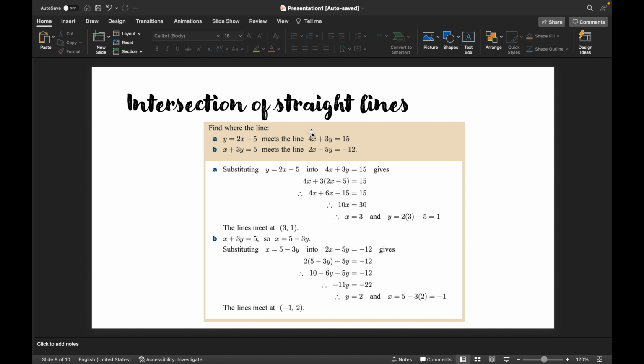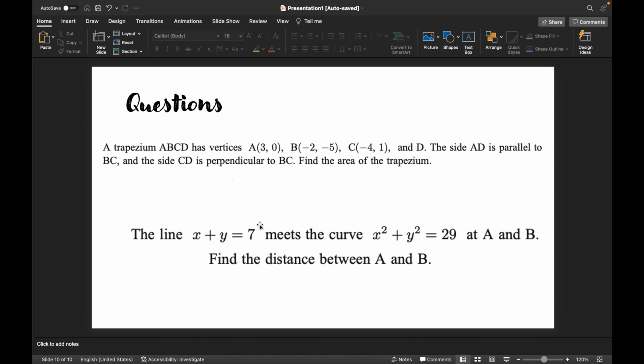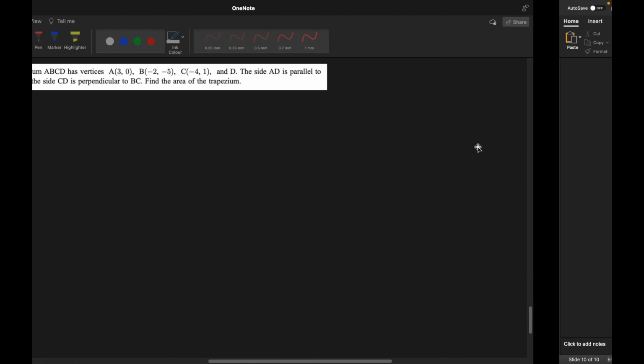So if it's two, then it's going to cut the circle at two distinct points. Or if it's just one, that means it's going to be a tangent to the circle. So it's the same principle, so I did not include the slide. But we will solve one question regarding a line and a circle. Okay, so now let's solve this question.